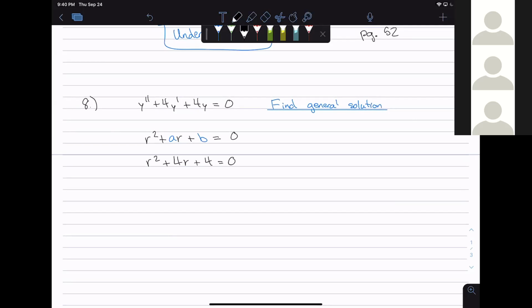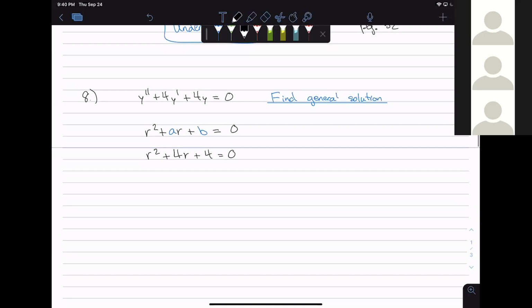Okay, I kind of remember what's going on here. I remember there's a C1 e to the r x, plus C2 x e to something, maybe a repeated root with negative 2x.